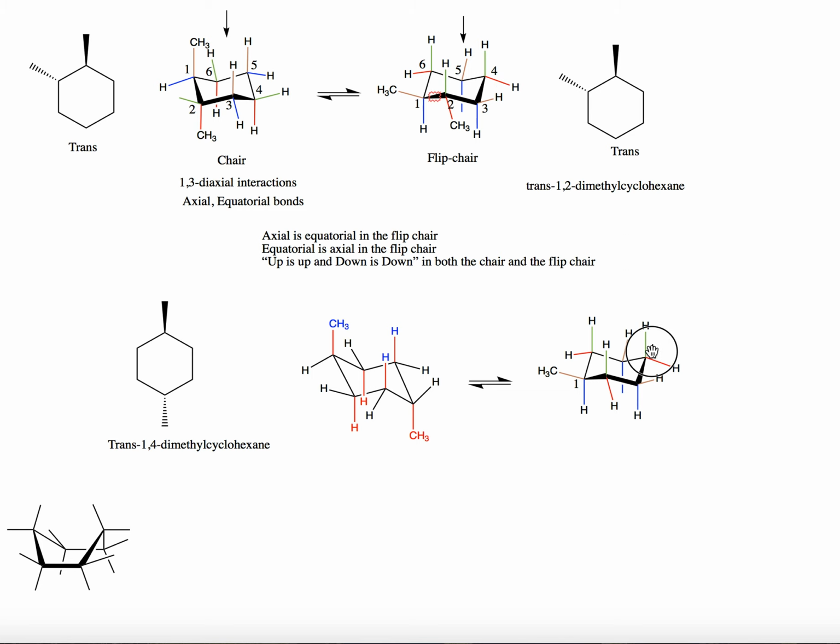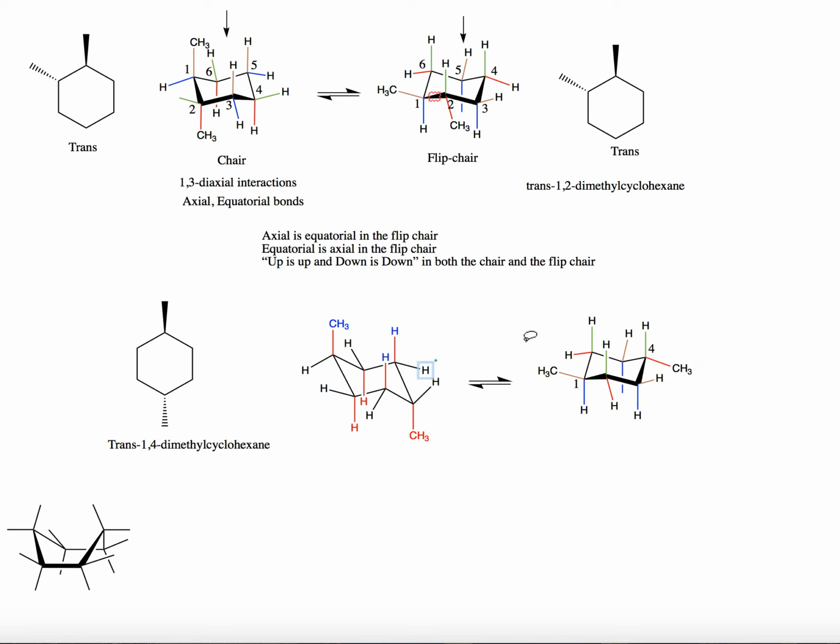In carbon 4, the methyl is away from us, so it must be here. I will recheck my work. So in carbon 1, the methyl was initially axial, must be now equatorial. Correct. In carbon 4, the methyl is axial, must be now equatorial.